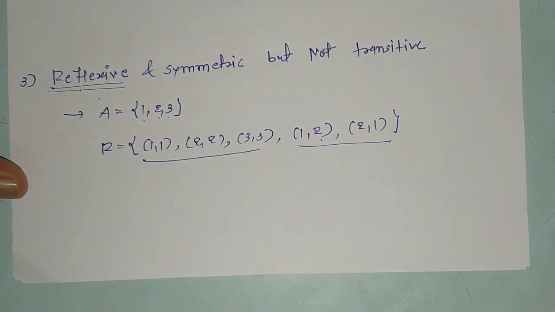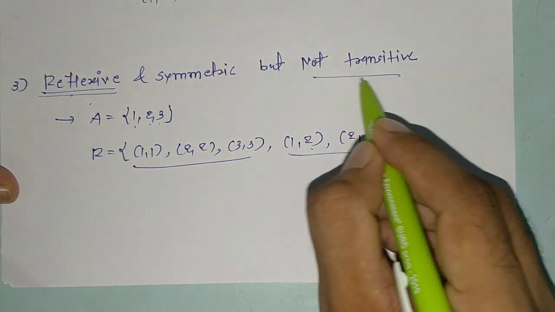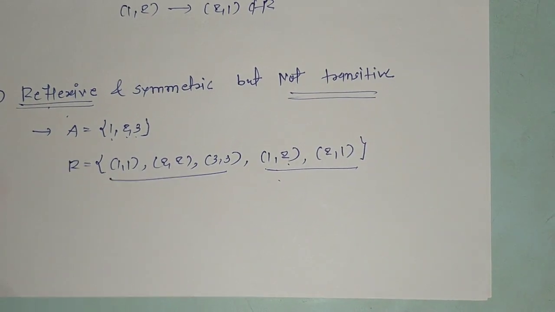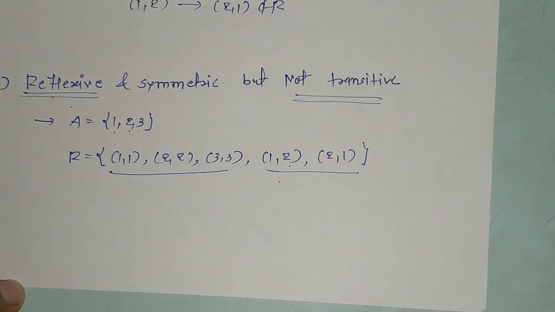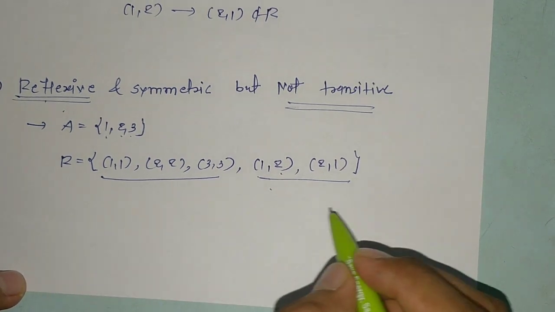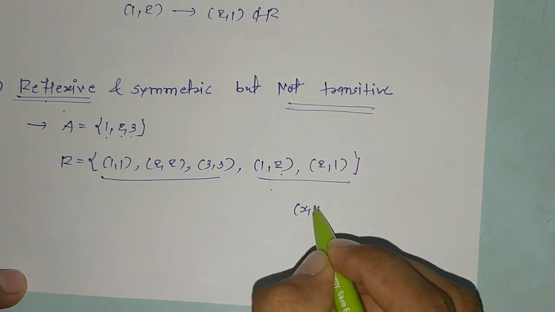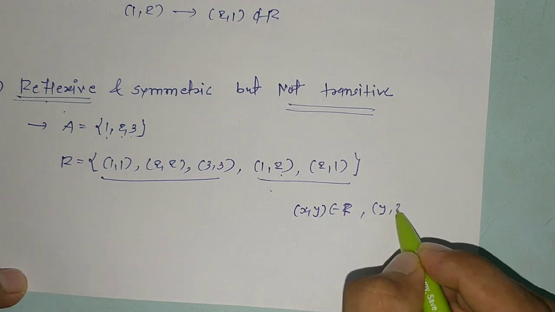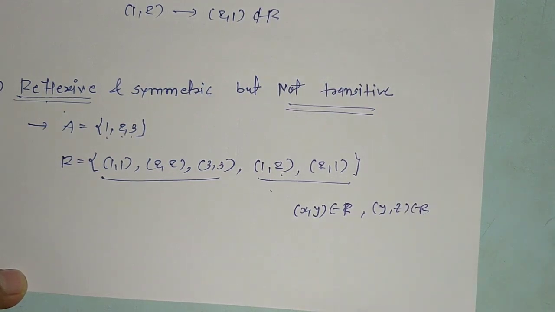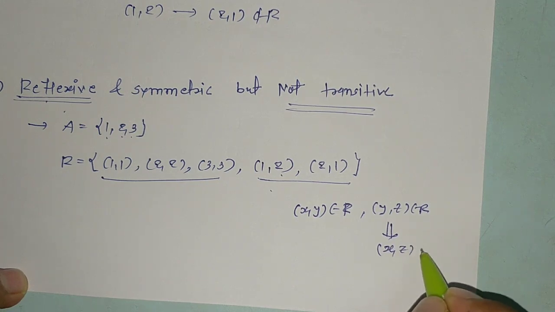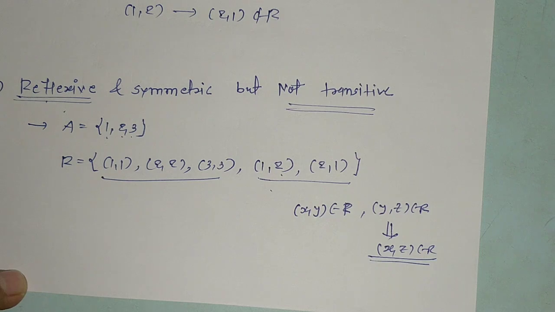Now for transitivity we have to prove that this relation is not transitive. For transitivity we have to take two pairs: x comma y belongs to the relation, y comma z belongs to the relation, such that x comma z must be in the relation, then we can say that the relation is transitive.